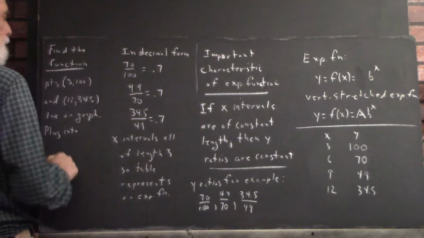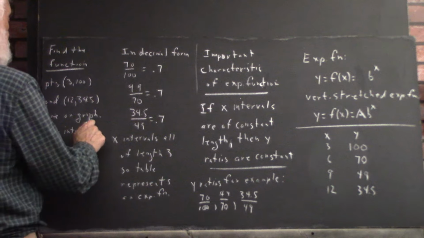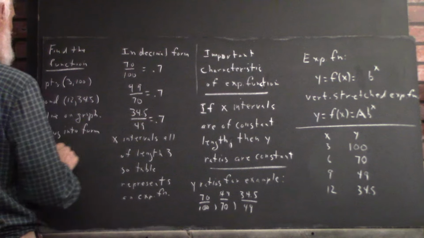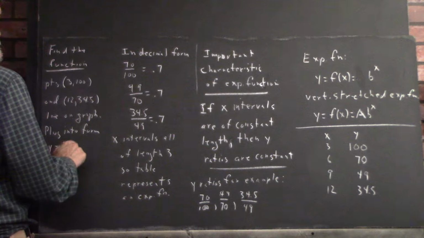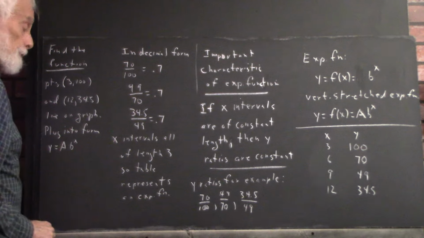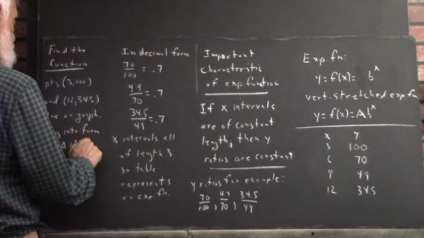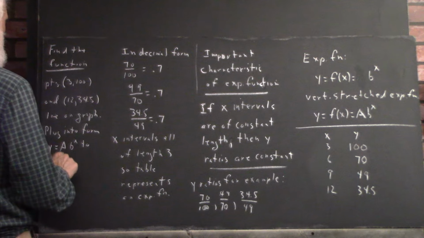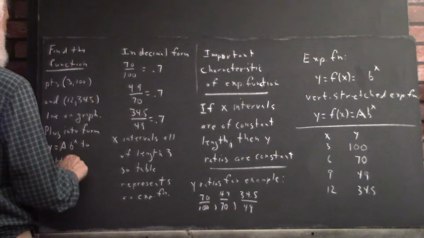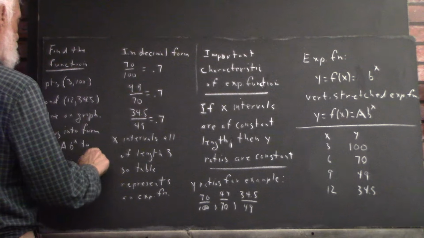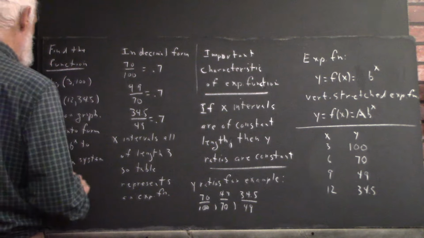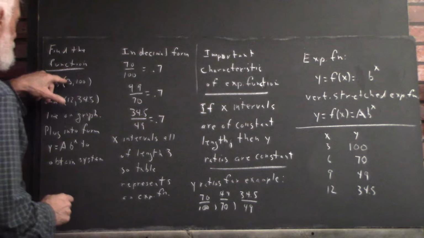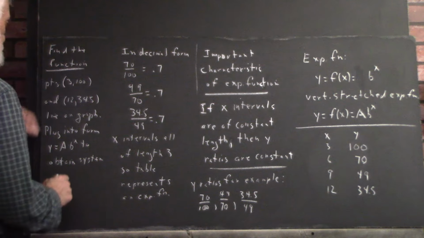And we plug the coordinates of those points into the form y equals ab to the x to obtain the system of equations. Okay, we have (3, 100) means y is 100 when x is 3.